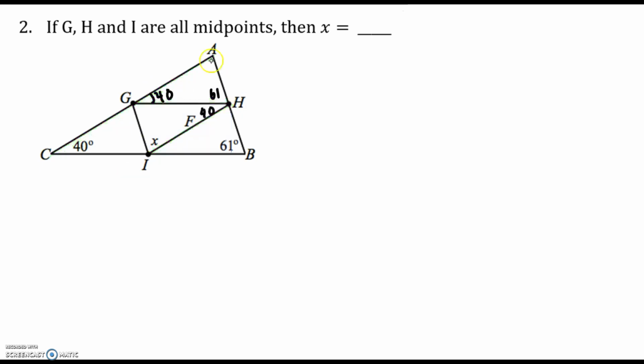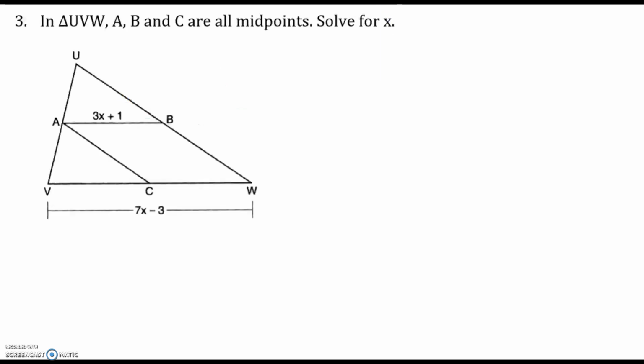And then do the same thing with that 61 using this Z shape here to put 61 here as well. And then I have a triangle, and triangles have to add up to 180 degrees. So 61 plus 40 and then subtract from 180 would get me 79 degrees.